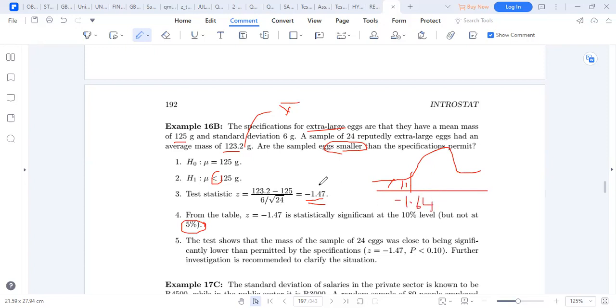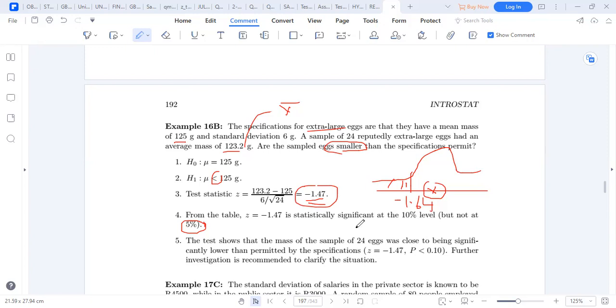So this 1.47 is somewhere inside here. So we can conclude, are they statistically smaller? No, they are the same. Meaning this and that have no statistical difference.